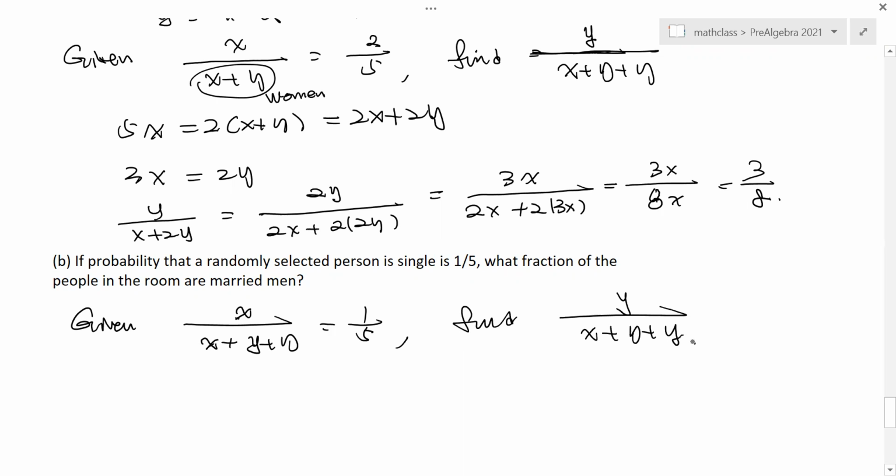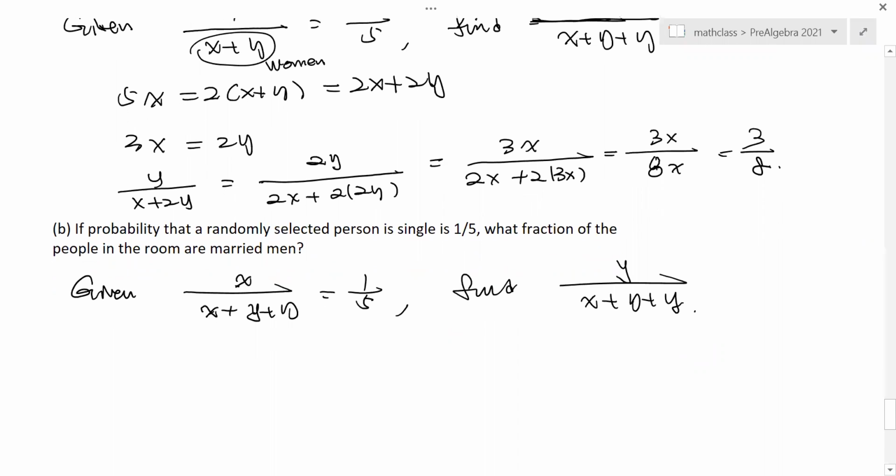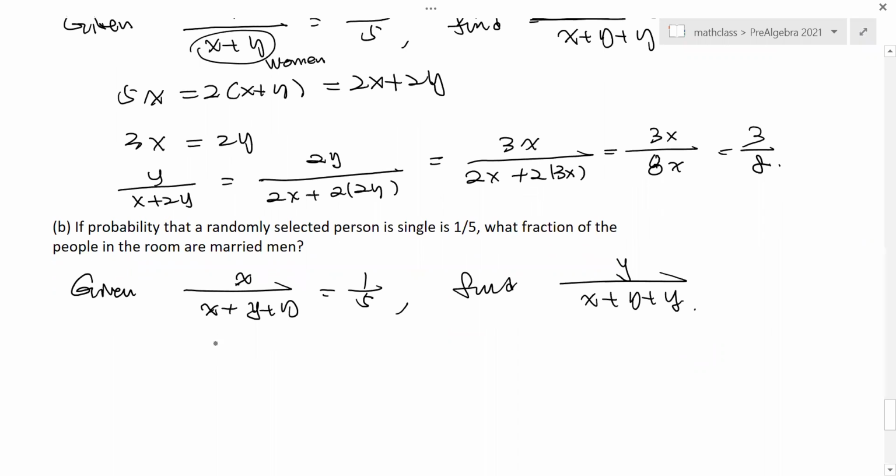It's the same idea. You can solve the equations. So you will get 5x equals x plus 2y, right? Multiply this out, and 4x equals 2y. So 2x equals y.